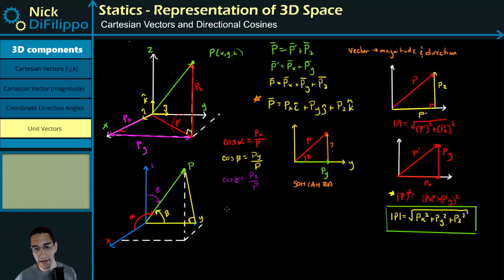So this vector p is equal to whatever this magnitude is, so however long it is, that's the length, times this direction, and we're going to say this direction is a unit vector in the direction of p. So this unit vector points along the line of the vector p. So this is going to be equal to u p.